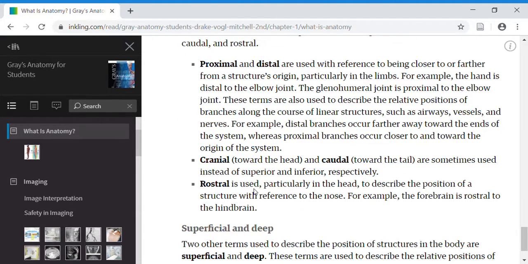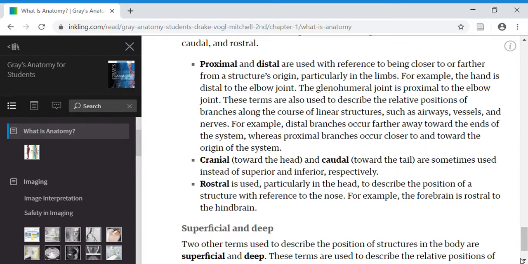Cranial and caudal: cranial would be towards the head and caudal towards the tail. Rostral is used particularly in the head to describe the position of a structure with reference to the nose. For example, the forebrain is rostral to the hindbrain.